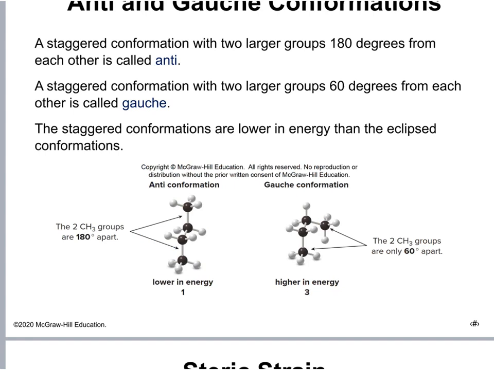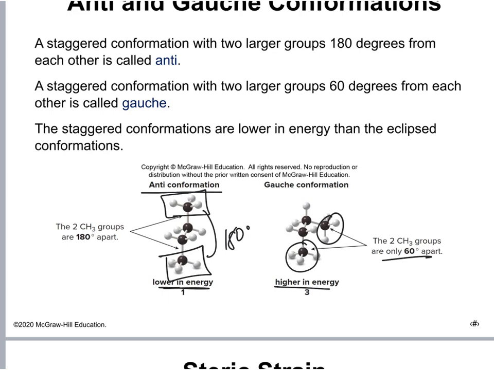And so they're showing you that the anti-conformation with these methyl groups is the lowest in energy when they're 180 degrees apart in the dihedral angle. This is the highest energy. Gauche is still staggered, but they're showing you this is higher in energy, but it's not as high energy as the eclipse.